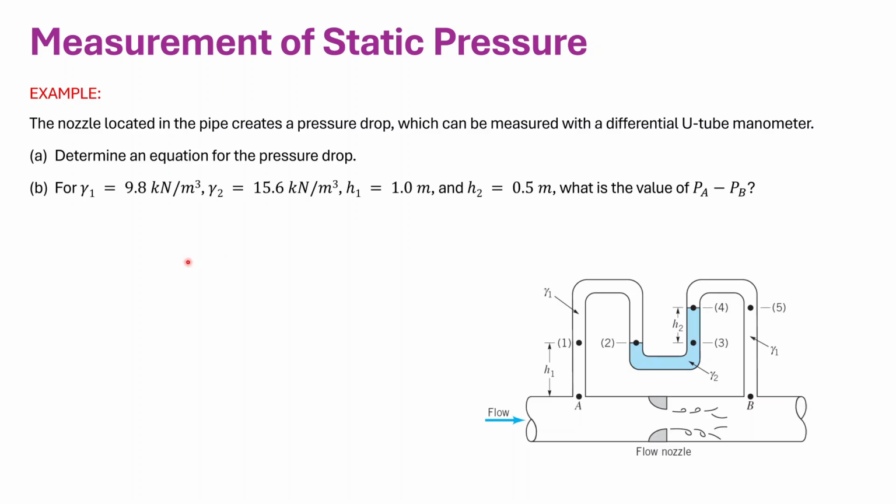Another example on measurement of static pressure. The nozzle located in the pipe creates a pressure drop which can be measured with a differential U-tube manometer.